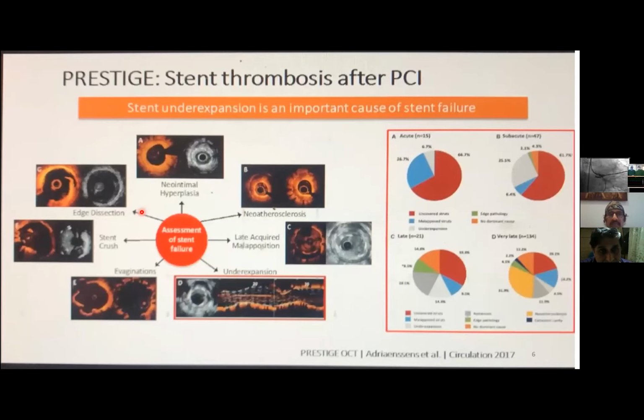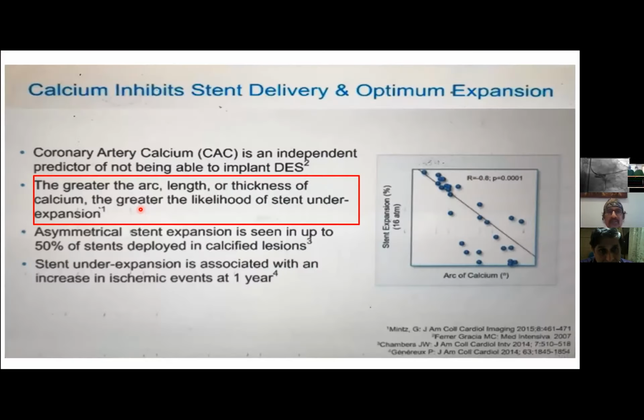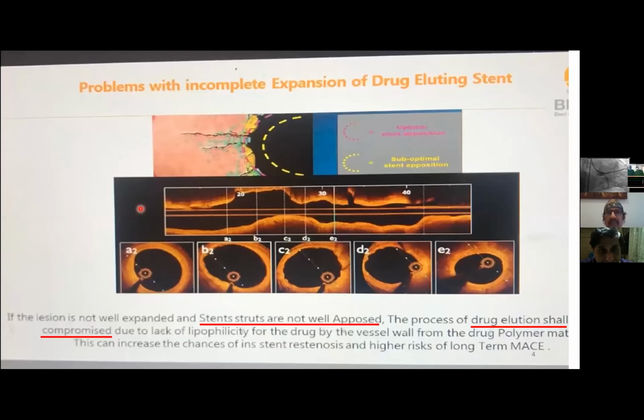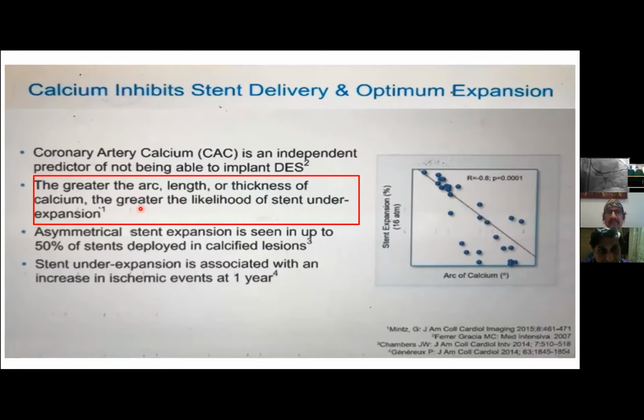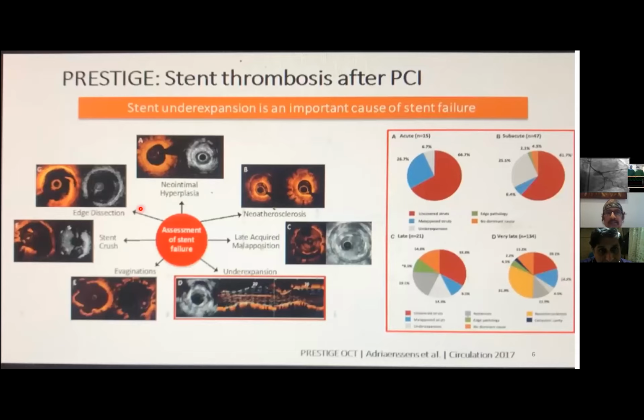In this particular study, stent thrombosis after PCI was much higher because the stents were underexpanded. As I told you, stent thrombosis is an immediate sequela, and ISR is a later sequela if the stent is not well expanded.